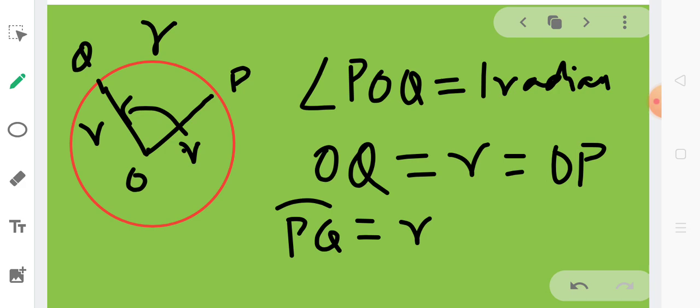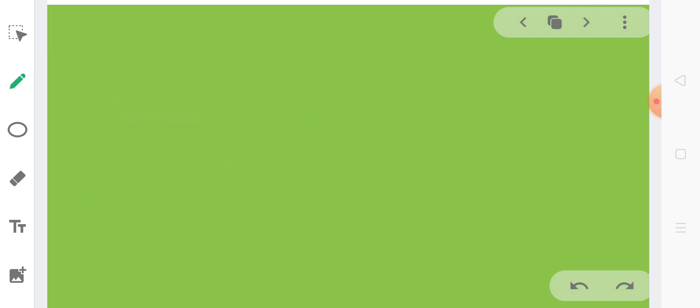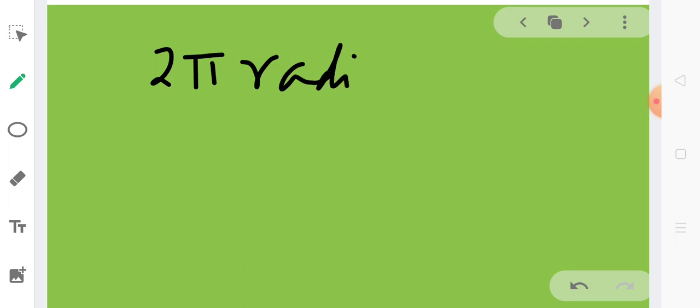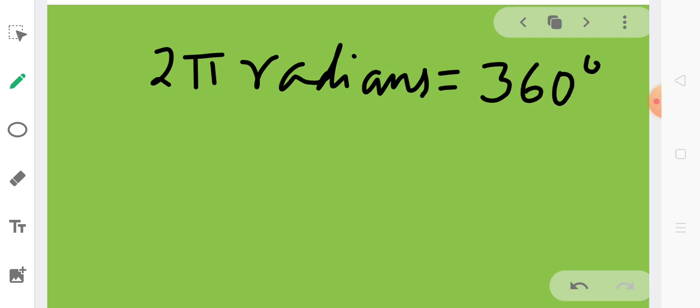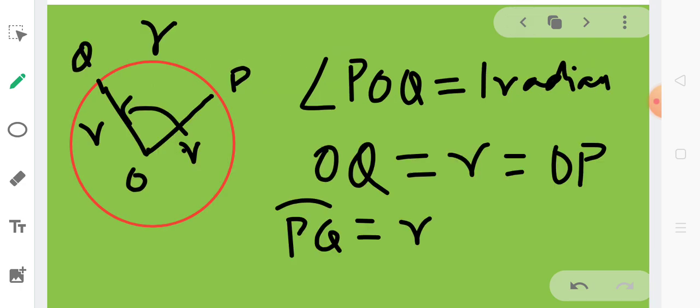So now let us obtain some expressions using this concept of 1 radian. A radian is a constant angle. 2 pi radians is equal to 360 degree, isn't it? Say you begin moving in the anti-clockwise direction after one complete rotation.